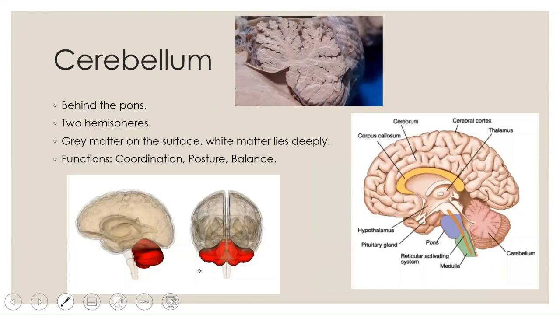And then you have the cerebellum, which is this part behind your brain and the brainstem. So its function is for coordination and your posture and maintaining your balance. Here again, this is a cadaveric specimen. So here you have the gray matter on the surface and white matter lying more deeply.